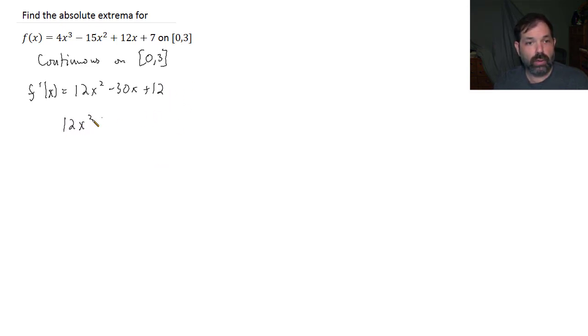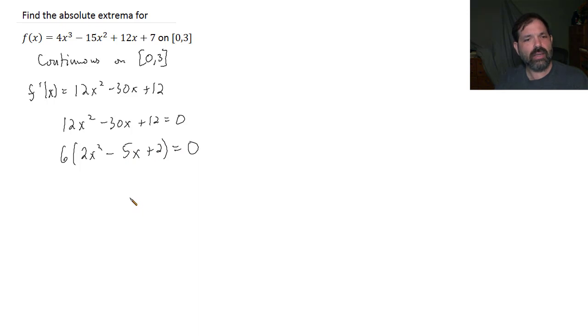12x squared minus 30x plus 12 is 0. Now, I don't think this one's going to factor, so I'm going to go straight to the quadratic formula. Well, we could factor out a 6, I suppose. It might make life a little bit easier. So that's 6 times 2x squared minus 5x plus 2 is 0.